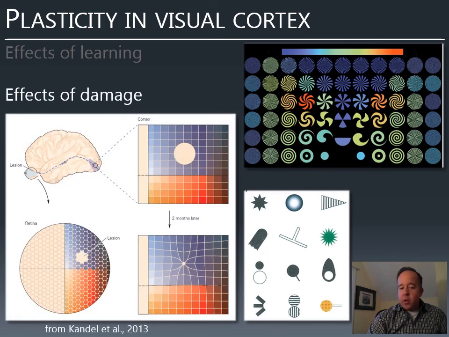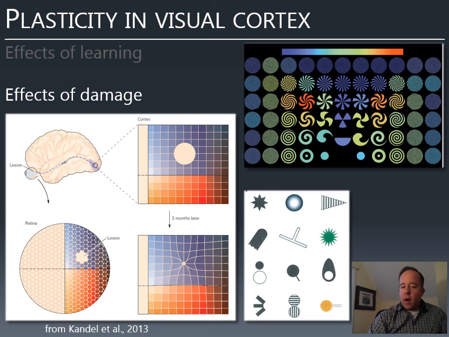And of course, damage can occur in the visual cortex. So if you get part of your visual cortex that's damaged, or part of your retina that's damaged, then you can exhibit some recovery. So using the example of the retina, if you have a lesion, a damaged spot in part of the retina, you're no longer going to get visual information for that part of your visual world. So now those corresponding cells in your visual cortex don't have anything to do.